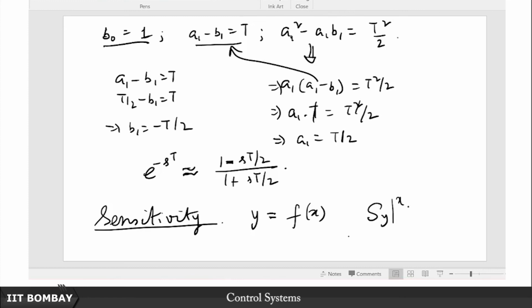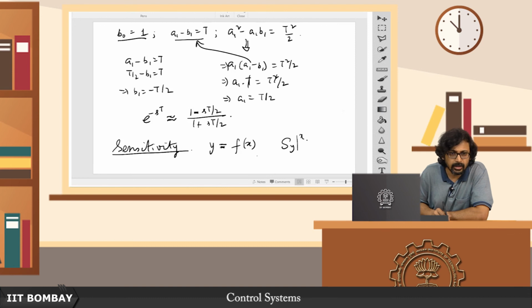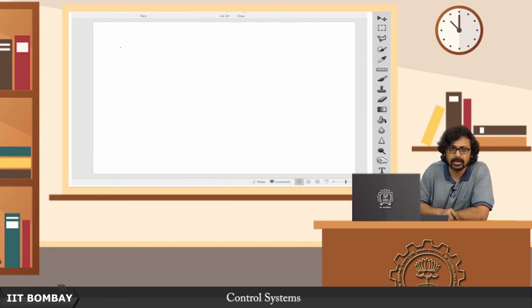Yeah, I don't remember what symbol I used then, but how do you go about this? Let's just revisit that term again, right? So you have the sensitivity of this y with respect to this x.